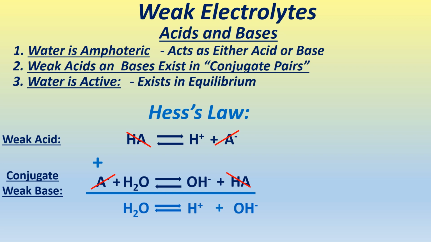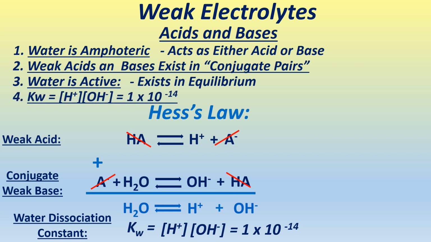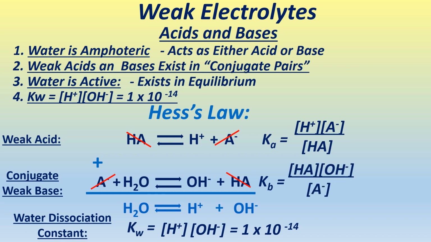A fourth useful thing can be gleaned from Hess's law. Each of these equilibria are defined by an equilibrium constant. So water has an equilibrium constant, Kw, H plus times OH minus, equal to 1 times 10 to the minus 14th. If I look, my weak acid had an equilibrium constant of H plus A minus over HA. The conjugate base, again ignoring the solvent water, is HA times OH minus over A minus.